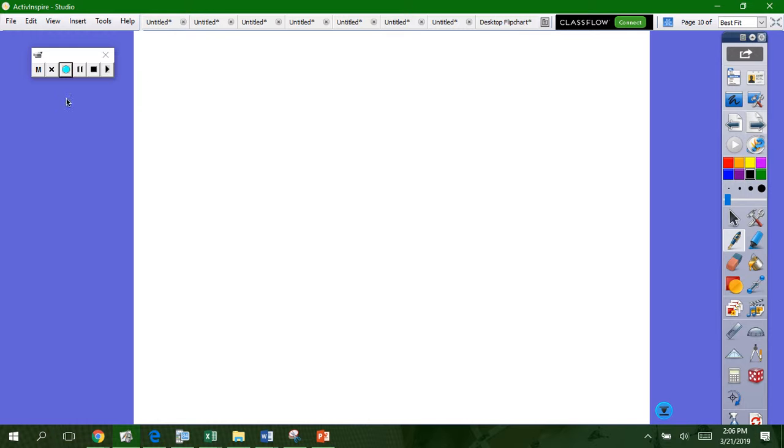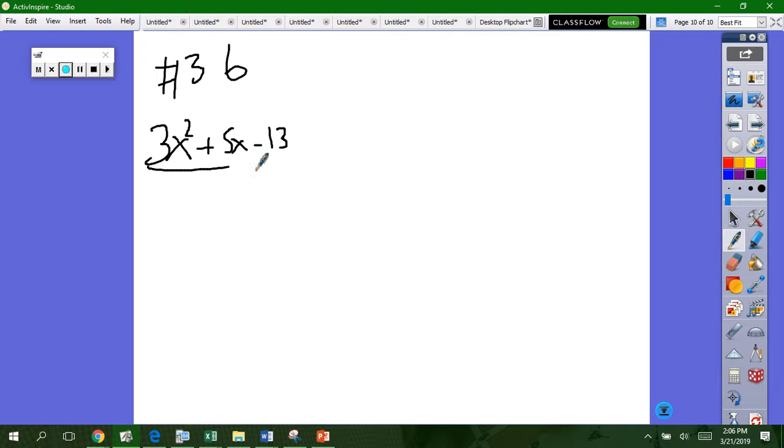This is number 36 out of the textbook, which is 3x squared plus 5x minus 13 over x to the 4th minus, oh, I did this one earlier. It was a struggle. It's okay. Why not struggle? You guys are nervous of struggling.